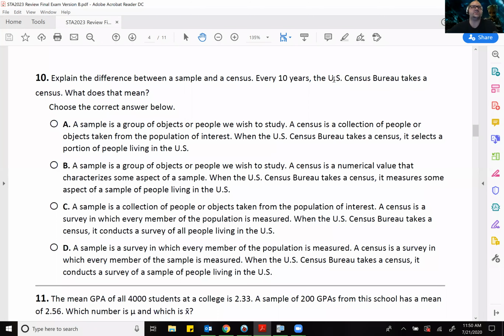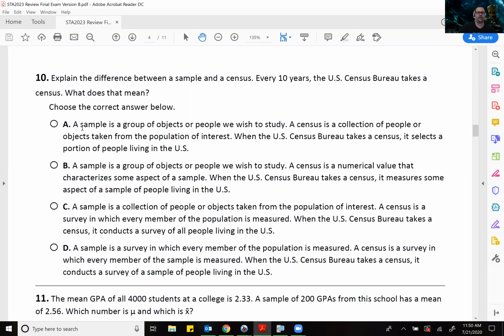The U.S. is surveying everybody in the United States. So a census is more about talking about everyone in the United States. It selects everybody in the United States. So the difference between a sample and a census, the sample is over a small part of the population. The census is over everybody.